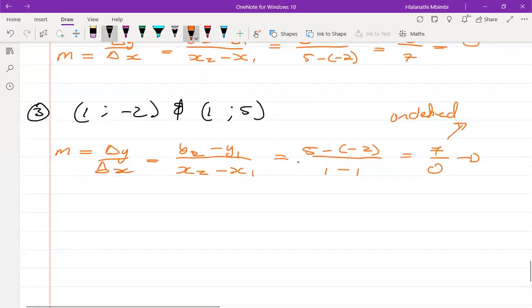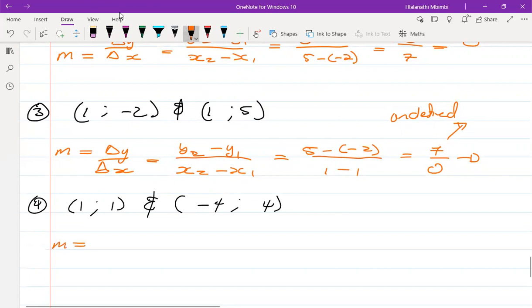Okay, just realized that I should give you a last set. Let's say you have 1 and 1, and the second set is -4 and 4, like that. So let's calculate the gradient here.